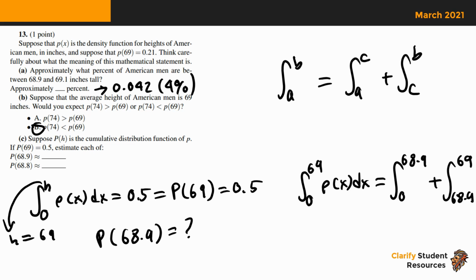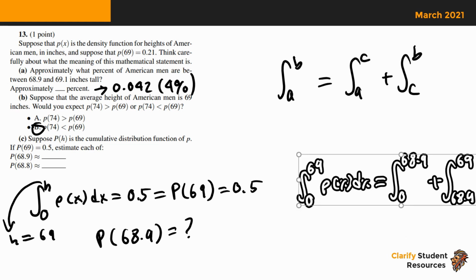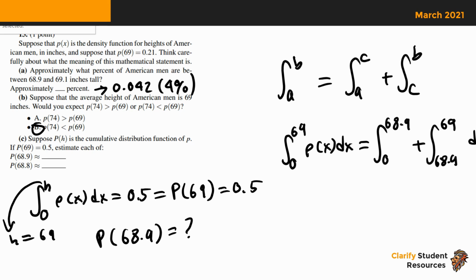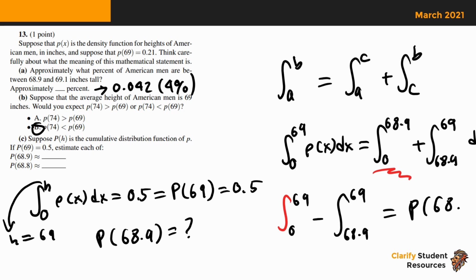And then I've kind of just left the integrands part blank. So now basically what they're asking us for is big P of 68.9, which is just going to be this. So we can actually solve, and we get 0 to 69, subtract 68.9 to 69, and this is basically going to equal P of 68.9.